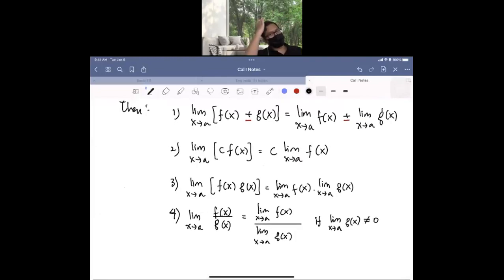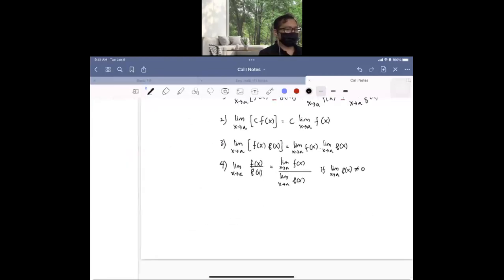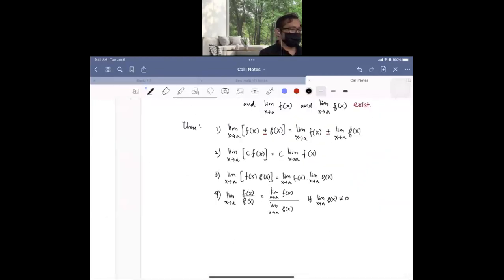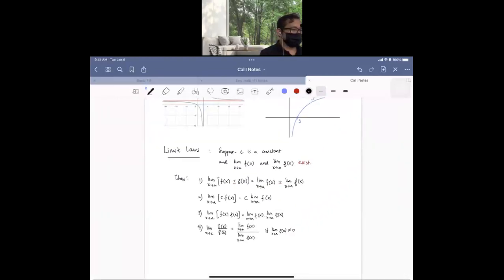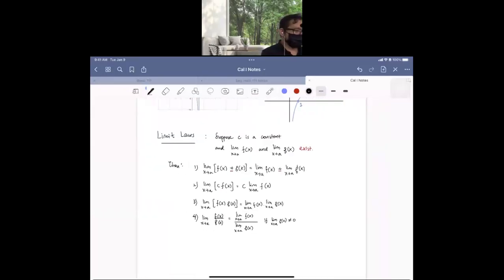Okay, this is the standard limit law. There is another additional law for the exponent, the power law, the root law. Maybe I will write the next page. Let me write here. Okay. Let me move this a little bit up.